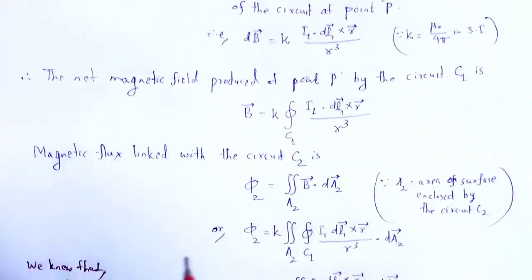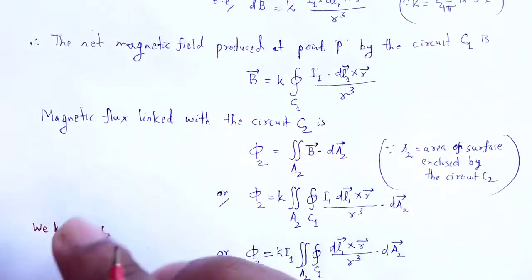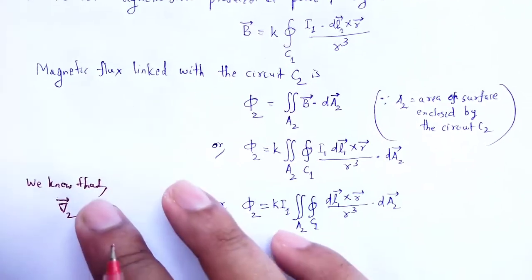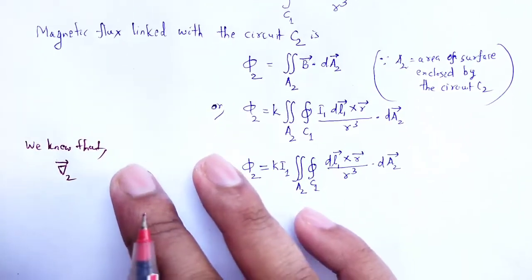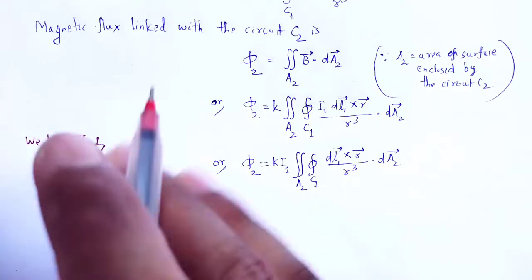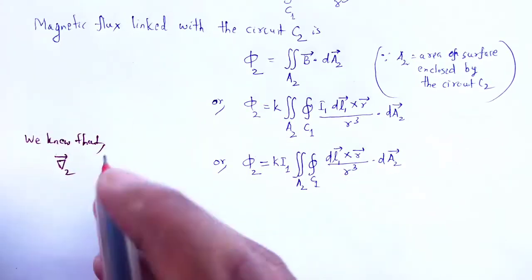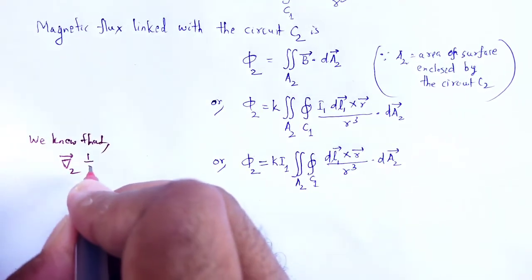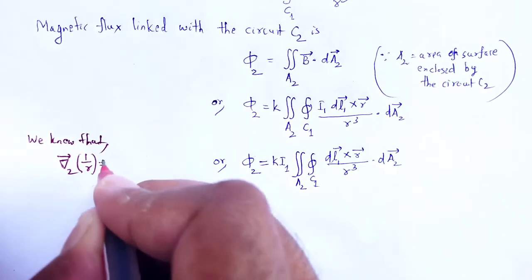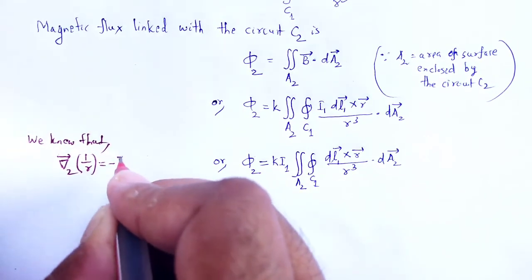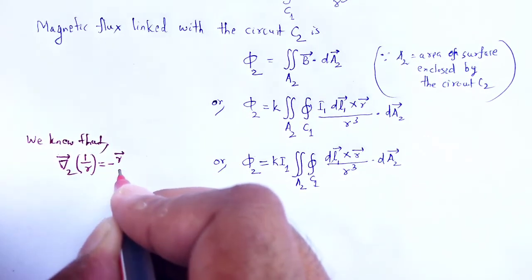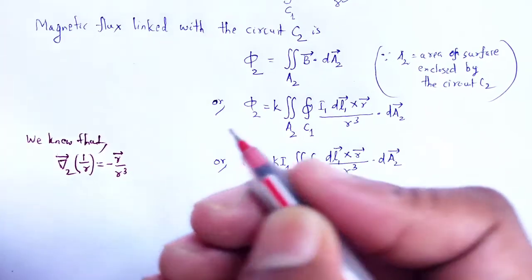For our convenience I use grad 2, which refers to the gradient of 1 by r, is equal to minus r vector divided by R cubed.